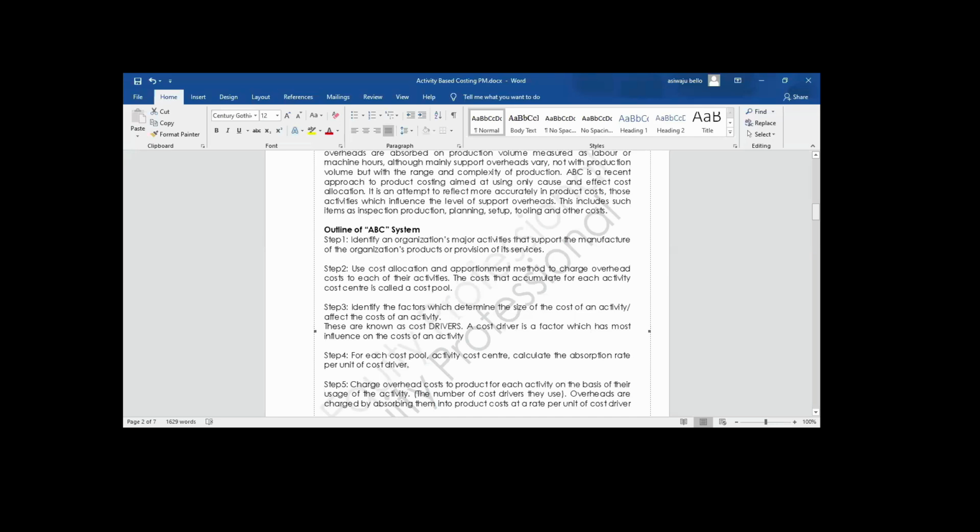Step 4, for each activity, for each cost pool, calculate the cost driver rate.